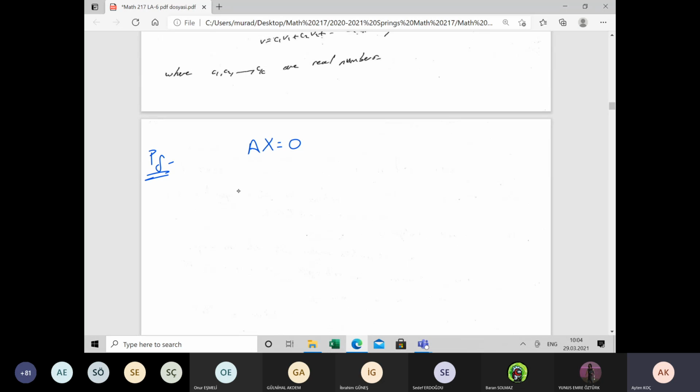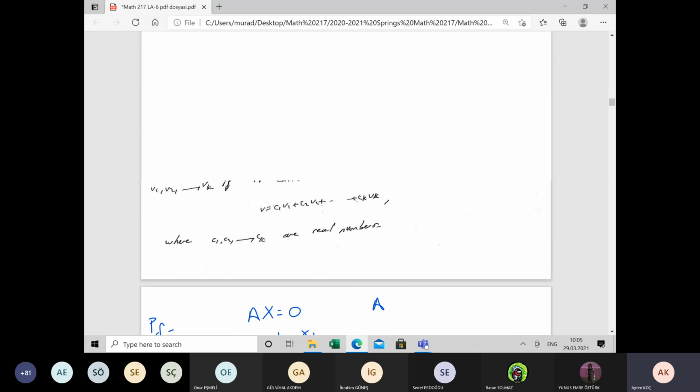Let's prove this one. Consider Ax = 0. So V contains vectors x1, x2, ..., xn, because A is an n by n matrix.